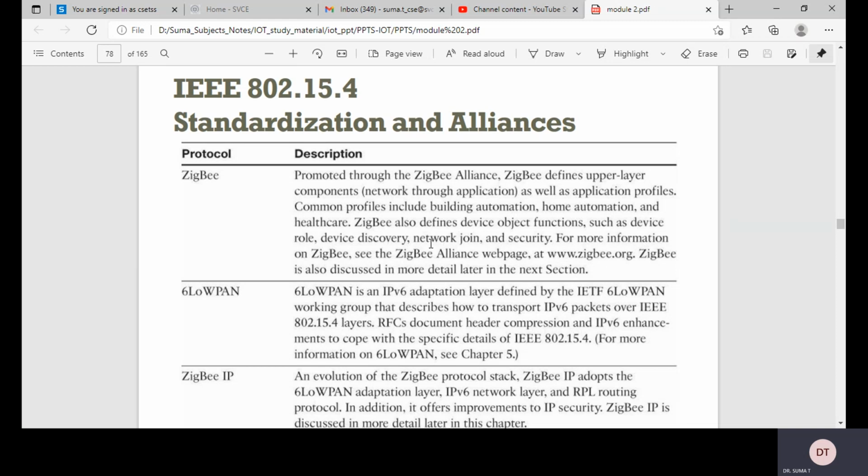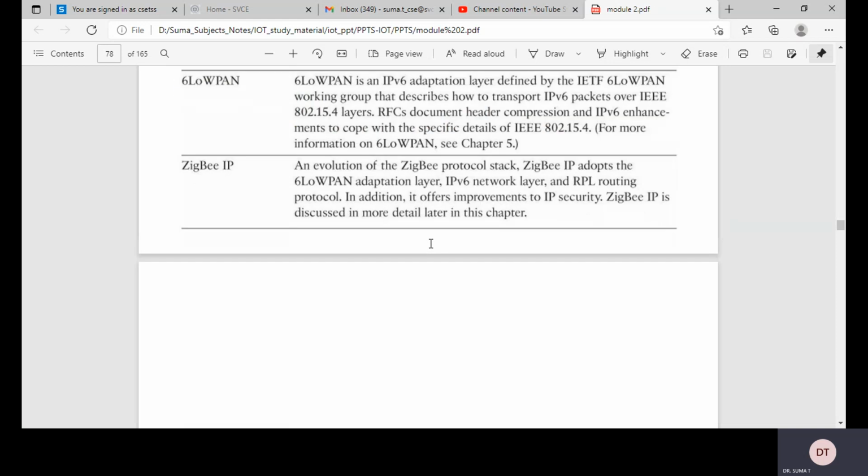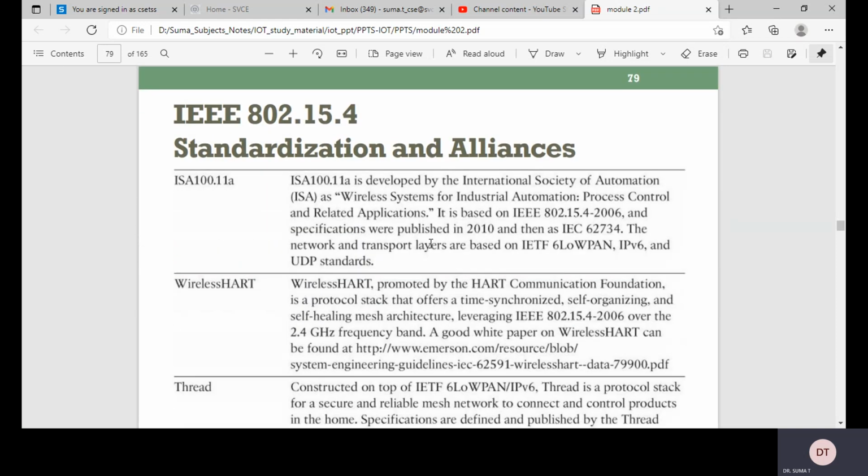Next is ISA100.11a. It is developed by the International Society of Automation, ISA, which is the reason it is named ISA100.11a. It is a wireless system for industrial automation, process control, and related applications.